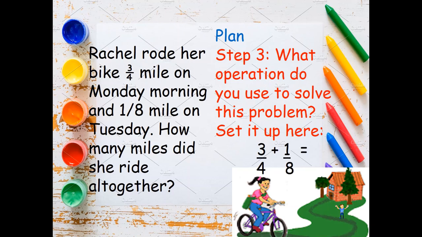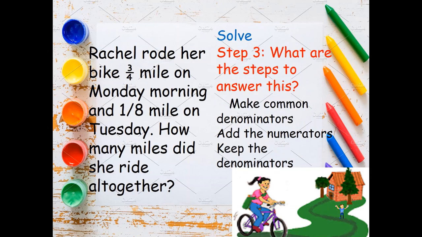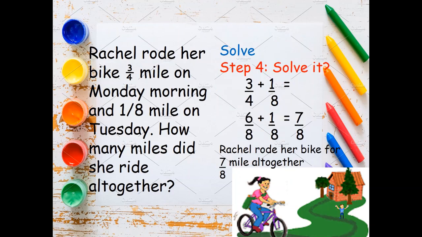Set it up here: 3/4 plus 1/8. What are the steps to answer this? Just follow the steps in adding similar fractions. Make a common denominator, add the numerators, and keep the denominator. Find first the common denominator of 4 and 8.